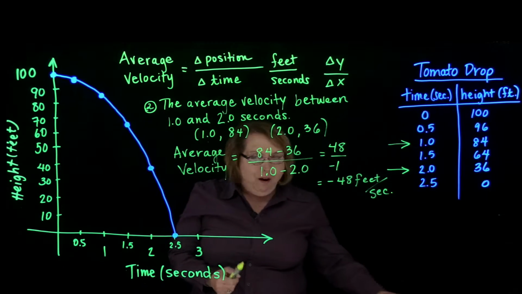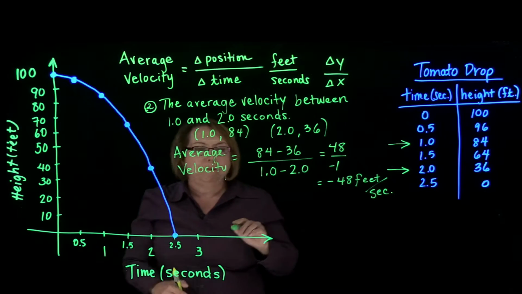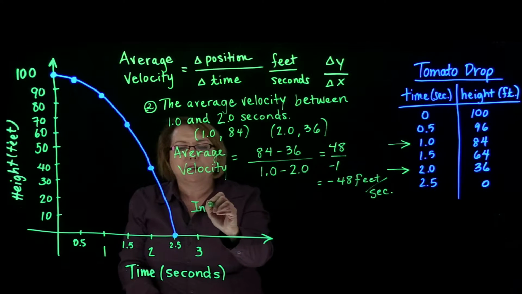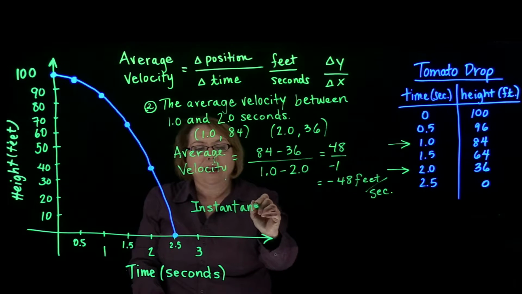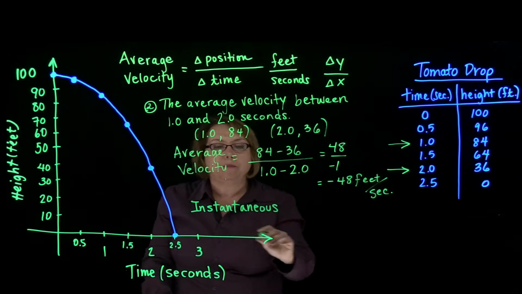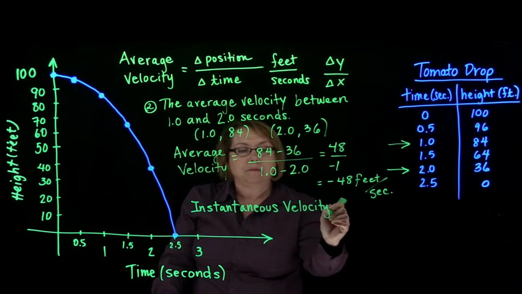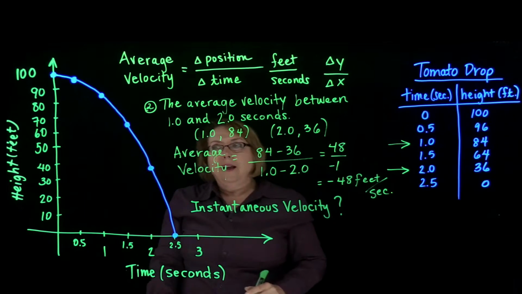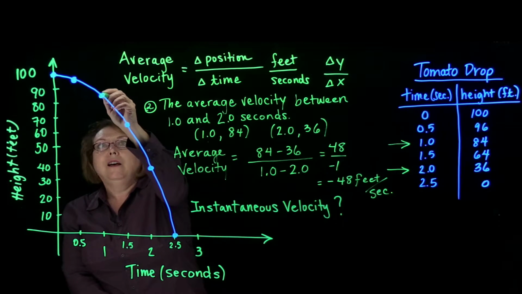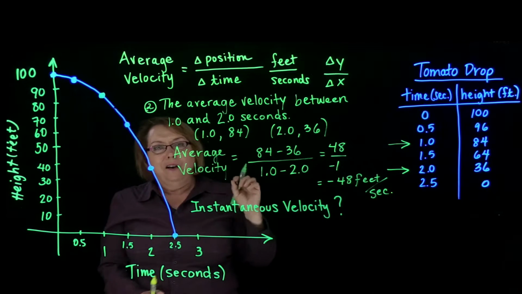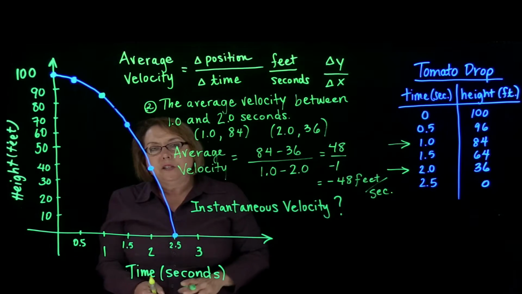Now, what if we wanted to get the actual velocity, the instantaneous velocity, at any point in time? Like right here at time equals 1 second, what is the velocity of the tomato right there at that point? Well, let's talk about that.